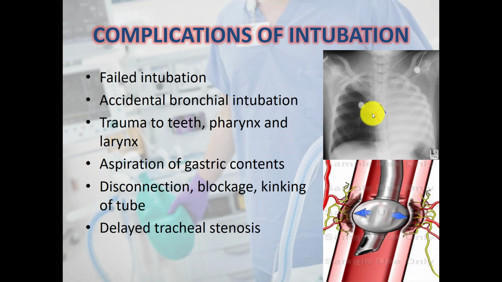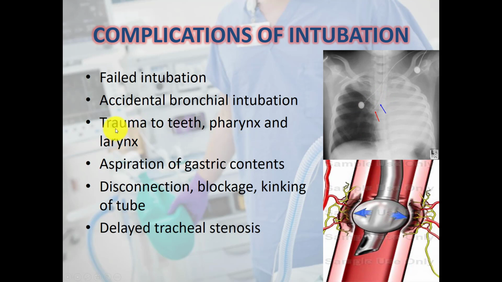Why the right bronchus? Because it is much shorter and much straighter. So if that happens, the other lung is not ventilated and then it collapses. So just after passing the endotracheal tube, the anesthetist has to auscultate both lungs to confirm that the endotracheal tube is within the trachea, not within the bronchus.